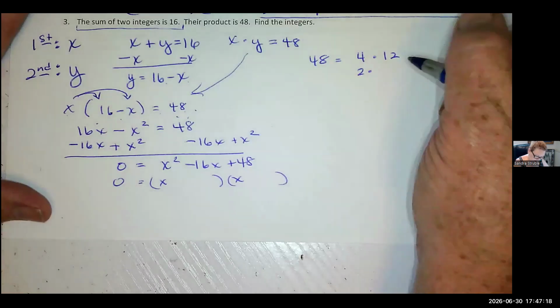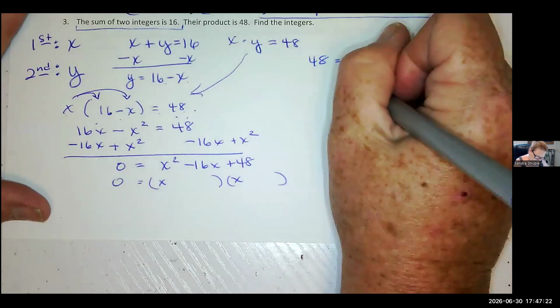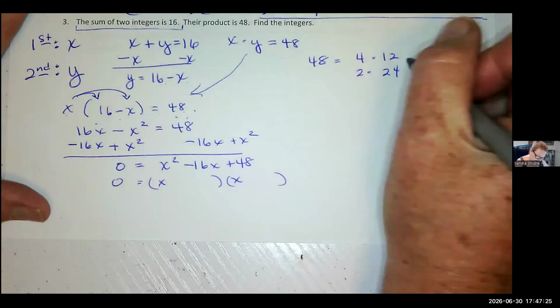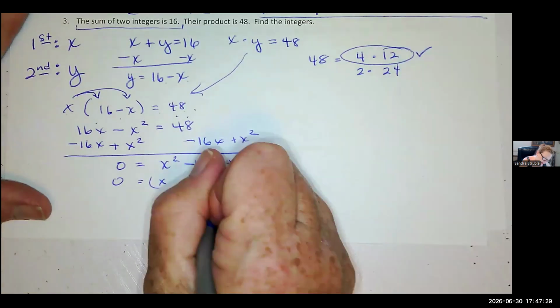There we go. Well, this is 16 right here. So 4 and 12. And they both have to be negative because the negative is only in the middle.